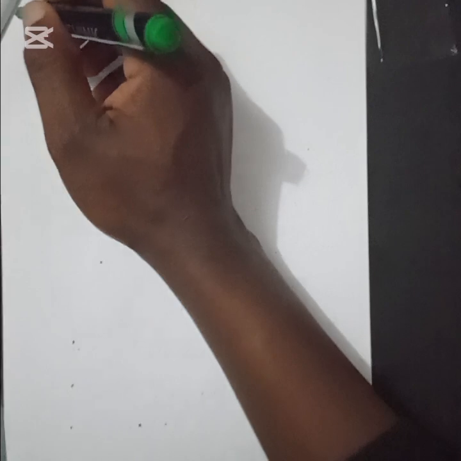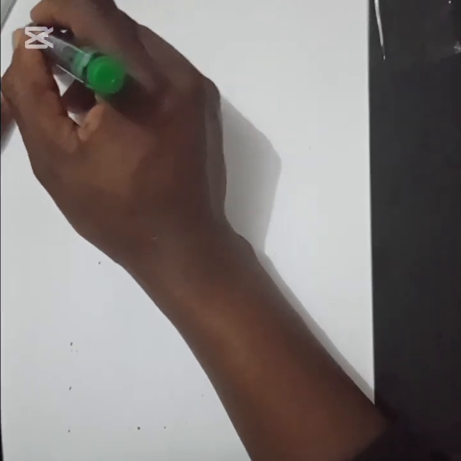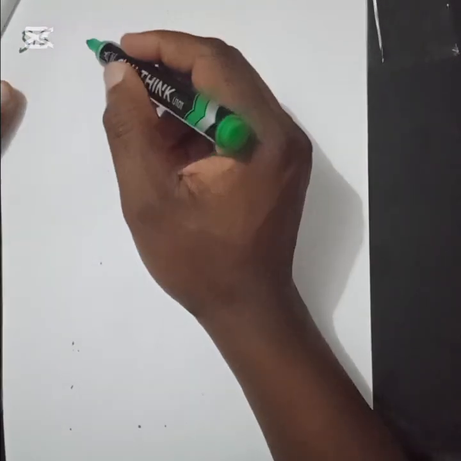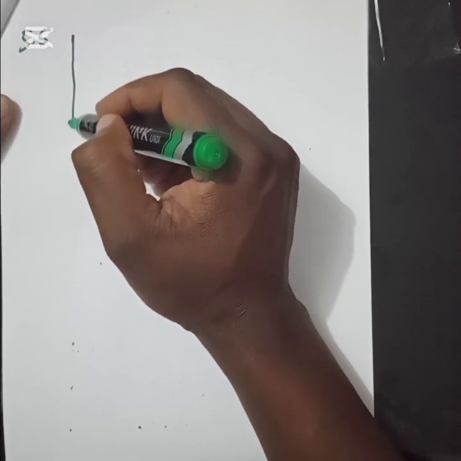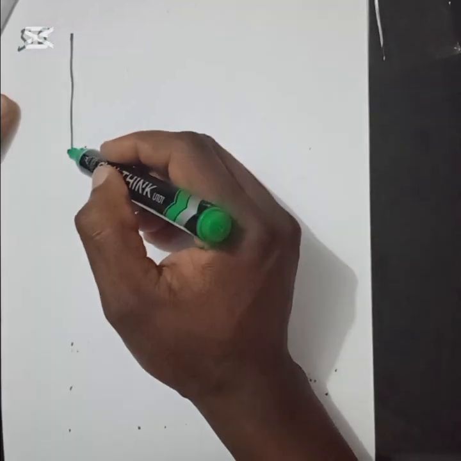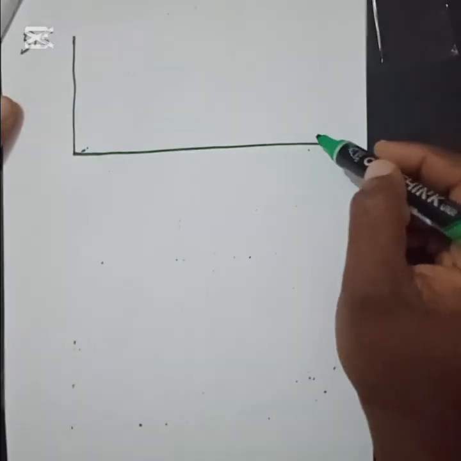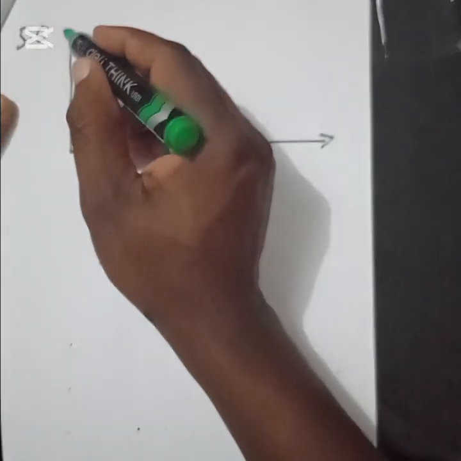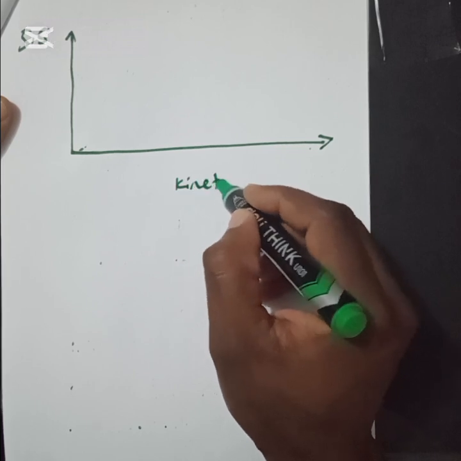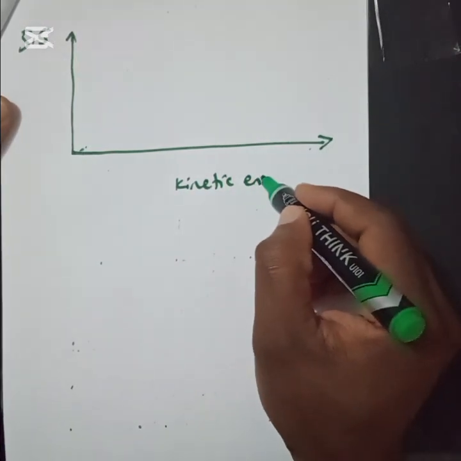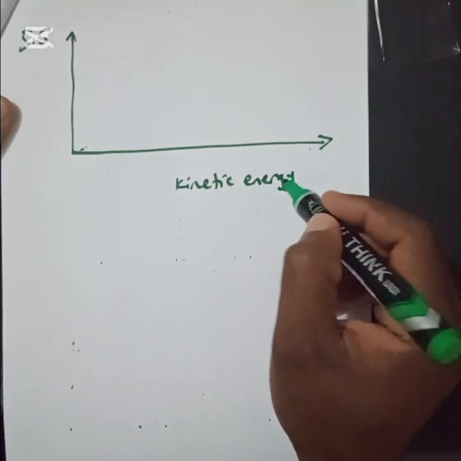All right, so 5.5. The Maxwell-Boltzmann energy distribution curve has the y-axis and the x-axis. On the x-axis there is kinetic energy.